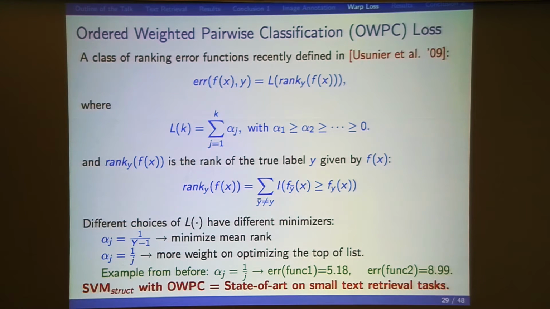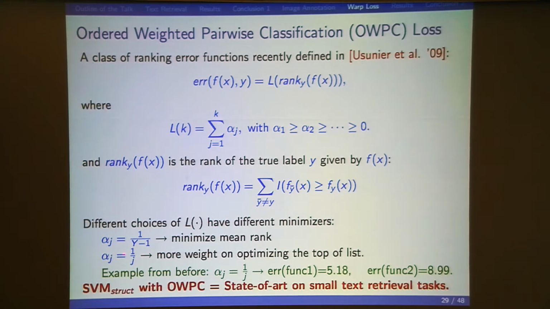So what they proposed was to say that L of the rank k is defined by this sum of alpha j up to k, so up to the particular rank of that example. These alpha are just things you set in advance, like before training. They define your loss function. So how you define these alpha defines your particular loss.